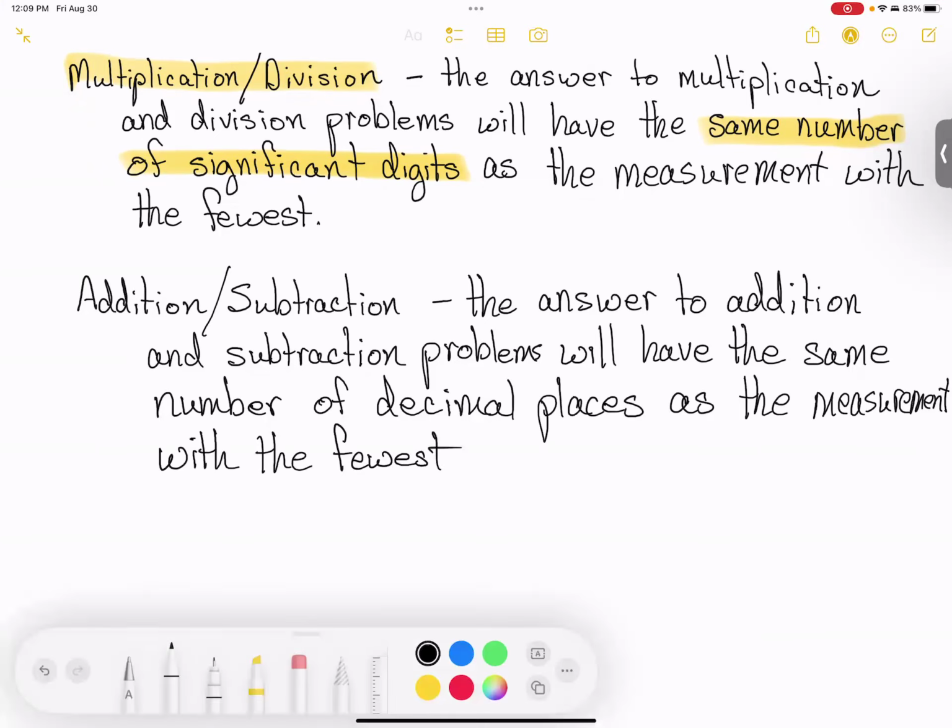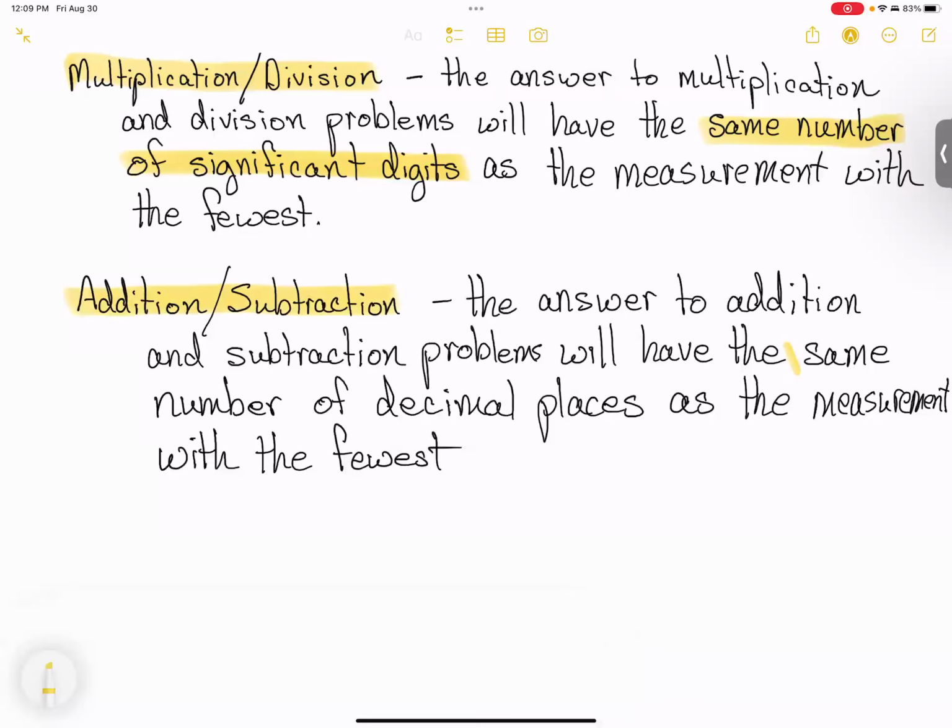With this one, I keep in mind same number of decimal places.